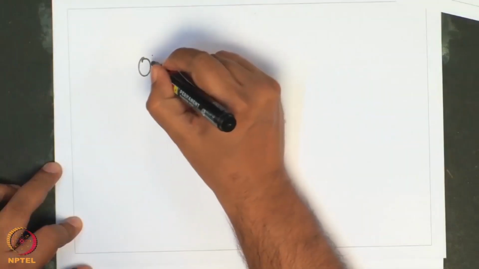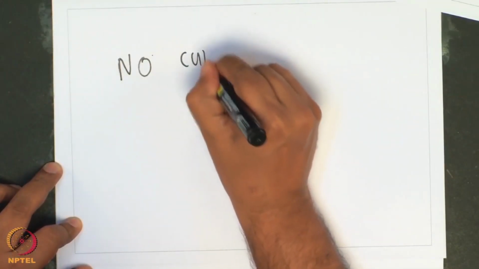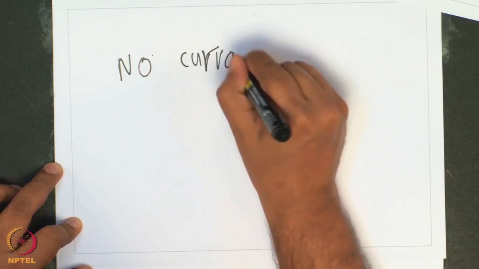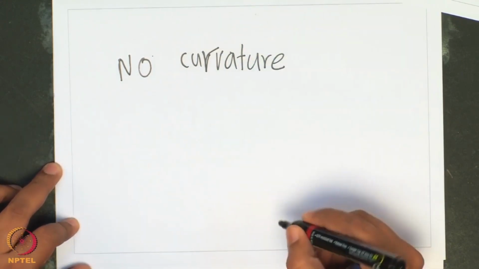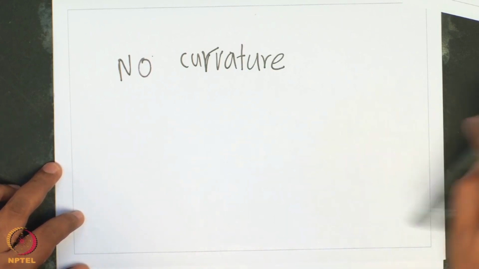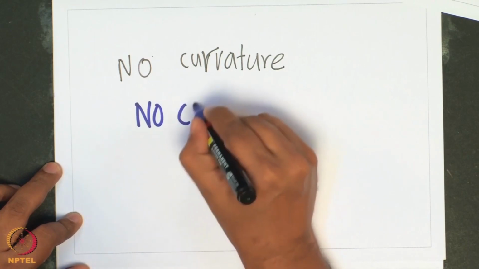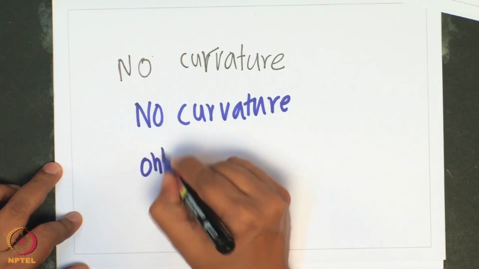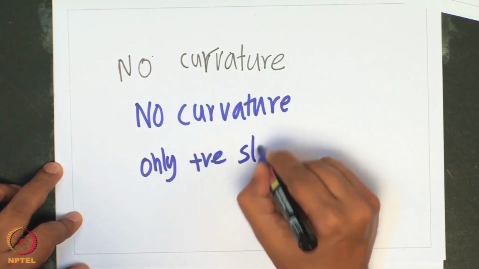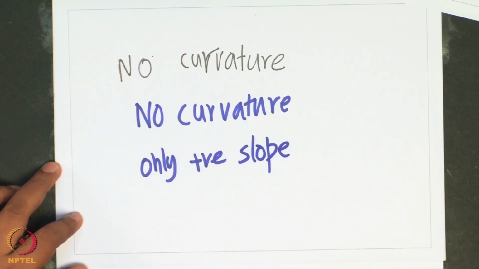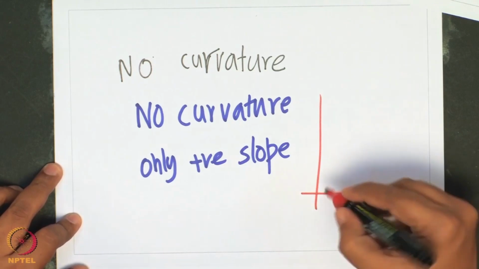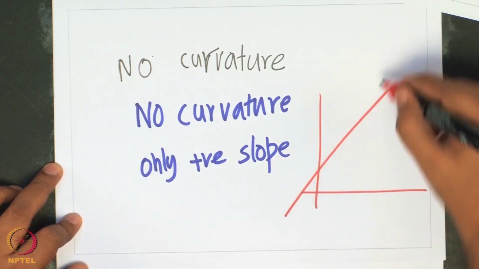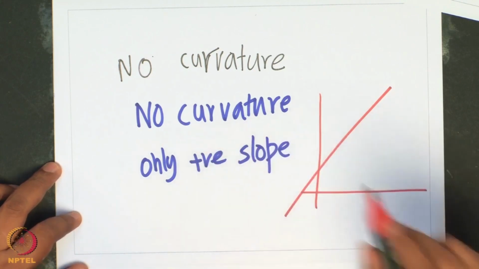If I just tell you that you have a curve which has no curvature, only positive slope, if this is the instruction given to you, immediately you know that the function has to be a straight line, because this is only positive slope and it has no curvature.